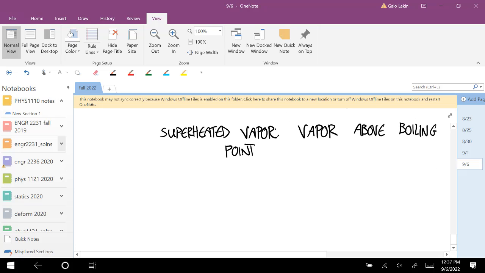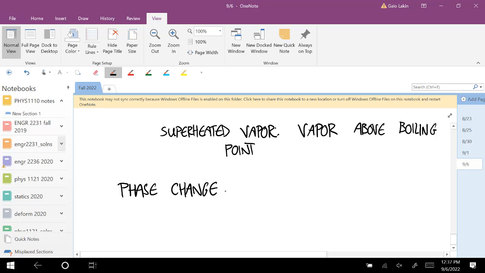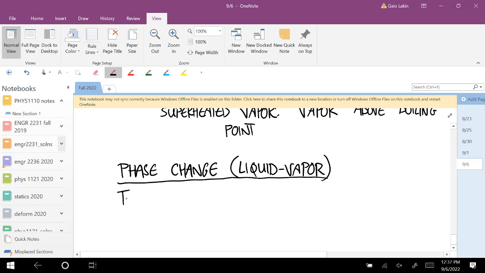Okay, well, let's look at a temperature volume diagram to see what happens during a phase change. So this is a phase change. And the one we're going to be interested in is between liquid and vapor. And we're going to look at it in a PV diagram.